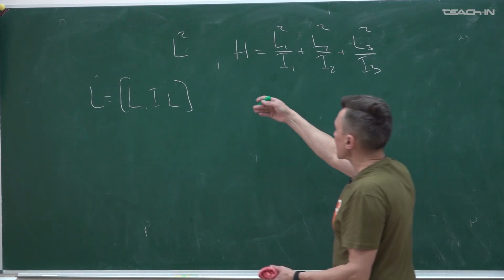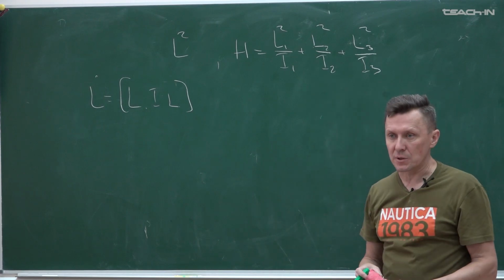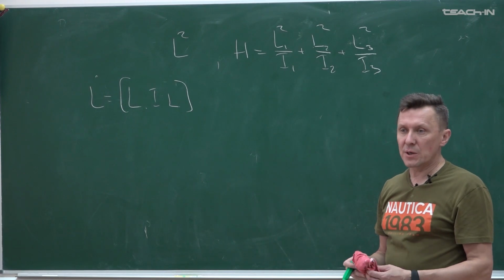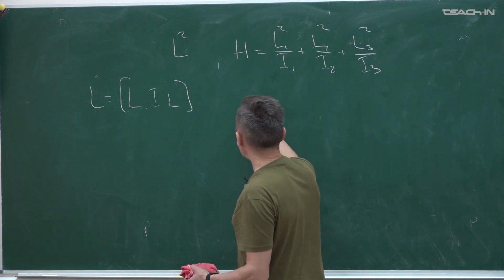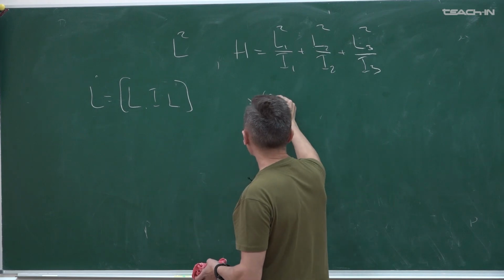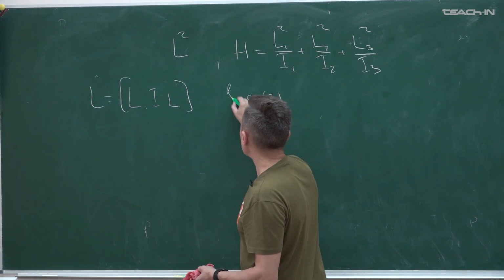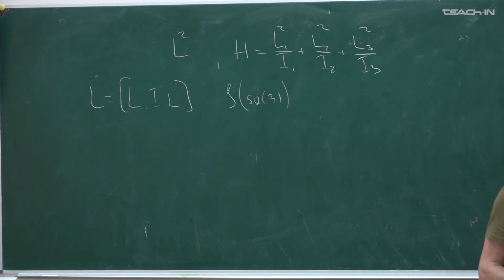So it is described just in terms of the angular momentum vector. The phase space is three-dimensional. It is described by the so(3) Lie algebra and its symmetric algebra. So the phase space is three-dimensional.